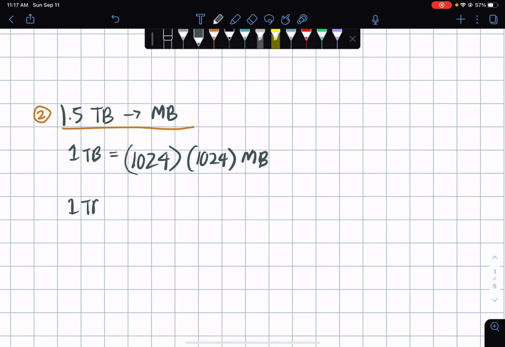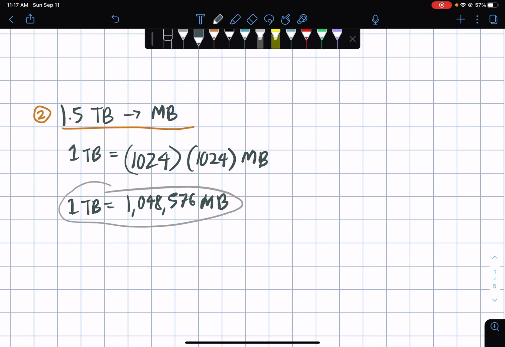1 TB, put this in the calculator. Should your teacher allow you to use a calculator in a conversion test, please do make use of the opportunity. So 1,048,576 MB. This is our basis.